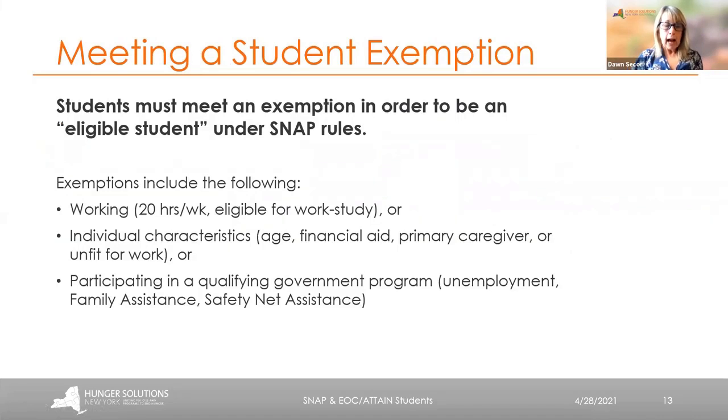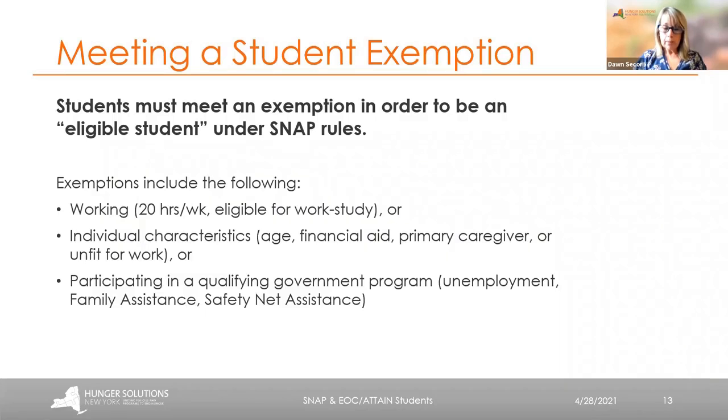In SNAP, there are special rules, and these rules limit the eligibility of certain groups of people, including students. SNAP rules for students are meant to make it harder for students to participate in SNAP. Under student rules, applicants must be screened to determine if they meet a risk factor for food insecurity called an exemption.